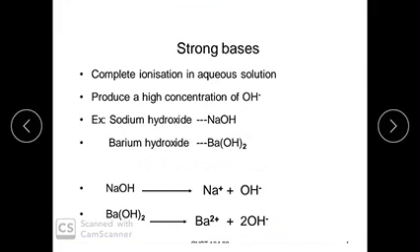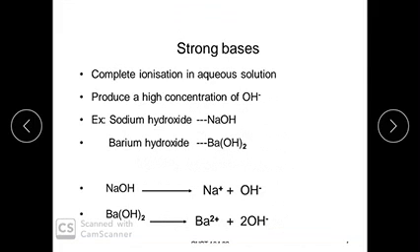We also discussed the strength of bases, which depends on the capability of producing hydroxyl ions. These are of two types: strong bases and weak bases. A strong base is defined as one that, on complete ionization in aqueous solution, produces a high number of hydroxyl ions.